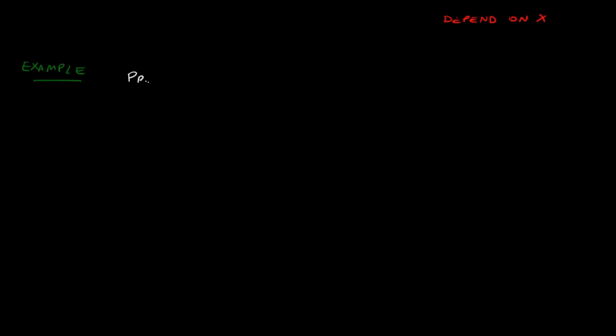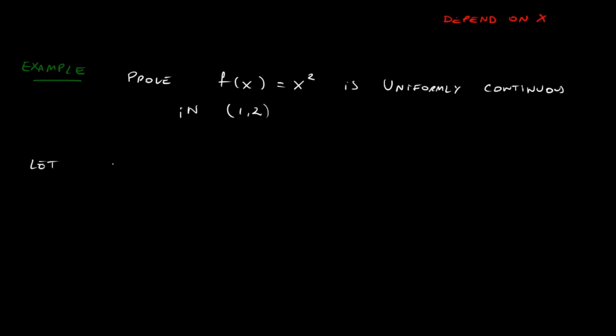So we want to prove that f of x, defined as x squared, is uniformly continuous in (1, 2). To start, we have to take x and x prime, two numbers in the interval (1, 2).